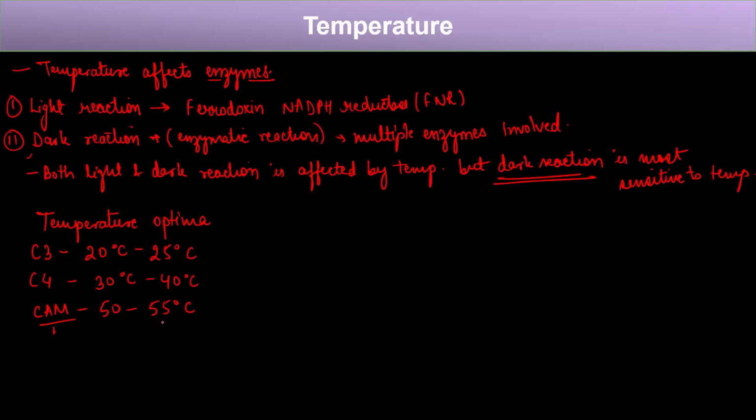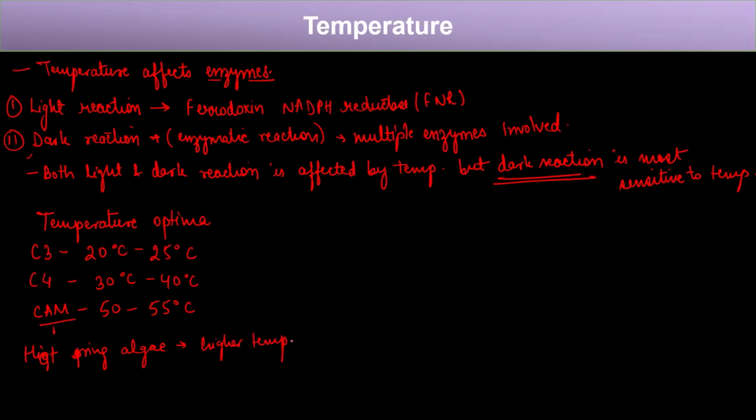And suppose we talk about hot spring algae. In a hot spring, the temperature is very high, right? If some algae is growing in that, the temperature optima will be even higher. So for hot spring algae, it is a higher temperature.